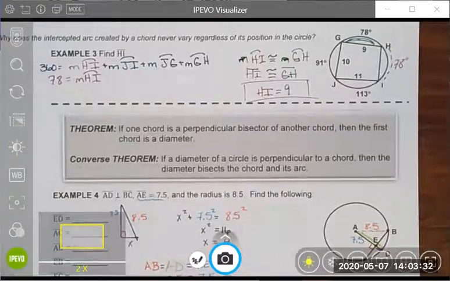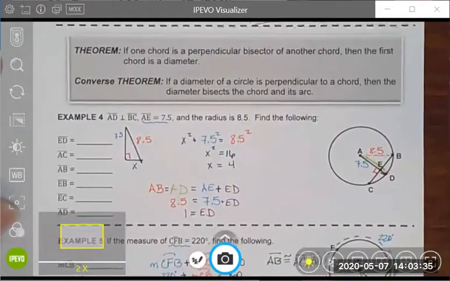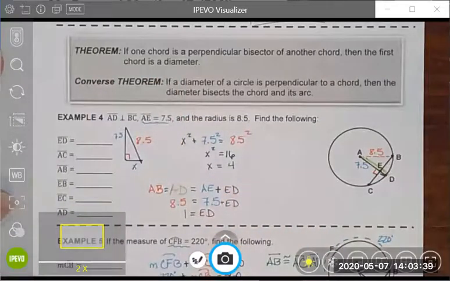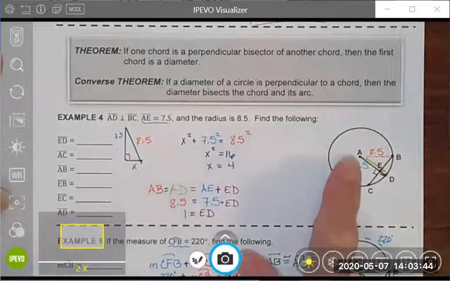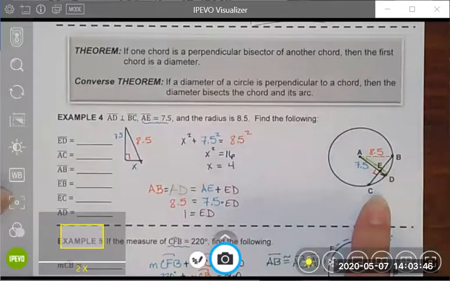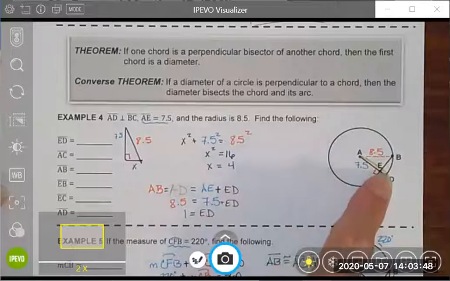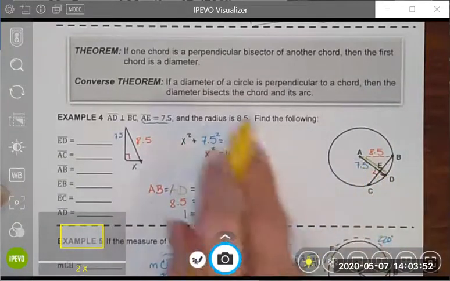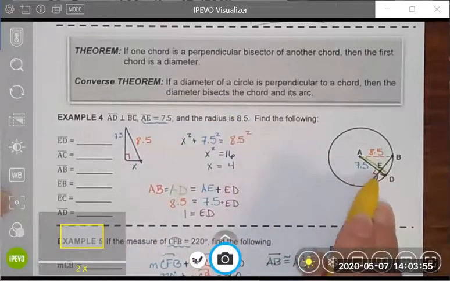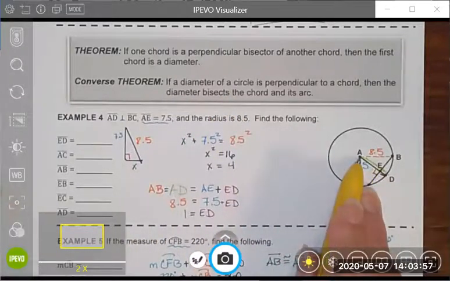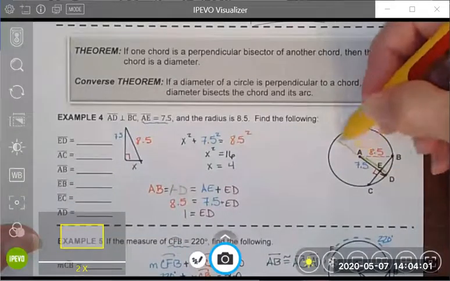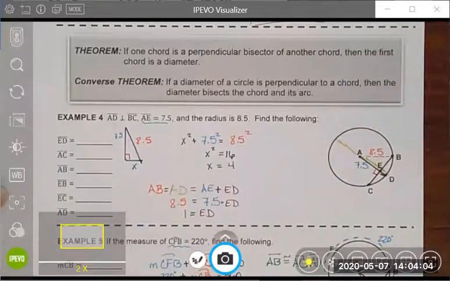All right, are you ready for another theorem? Sure, let's dive in. The next theorem we're going to talk about works in both directions. It's bidirectional, biconditional, and it says that if one chord is a perpendicular bisector of another chord in a circle, then the first chord has to be a diameter. And you might be saying, Ms. Palmer, in this picture, AD is not a diameter, but it does go through the center. And so if I were to just extend this segment, it would become a diameter.